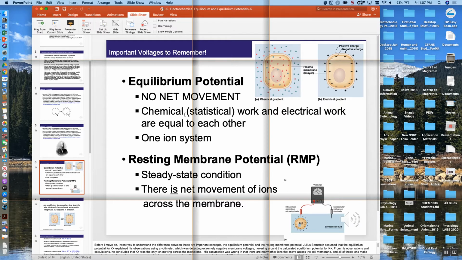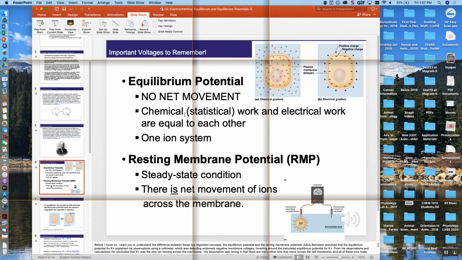With me? All right, so here is how we're going to decide which way an ion is moving. First, you want to take a look at your reference. For sodium, your reference is your equilibrium potential for sodium, right here. The biggest mistake that I see semester to semester is students actually use the resting membrane potential as their reference. Don't do that.